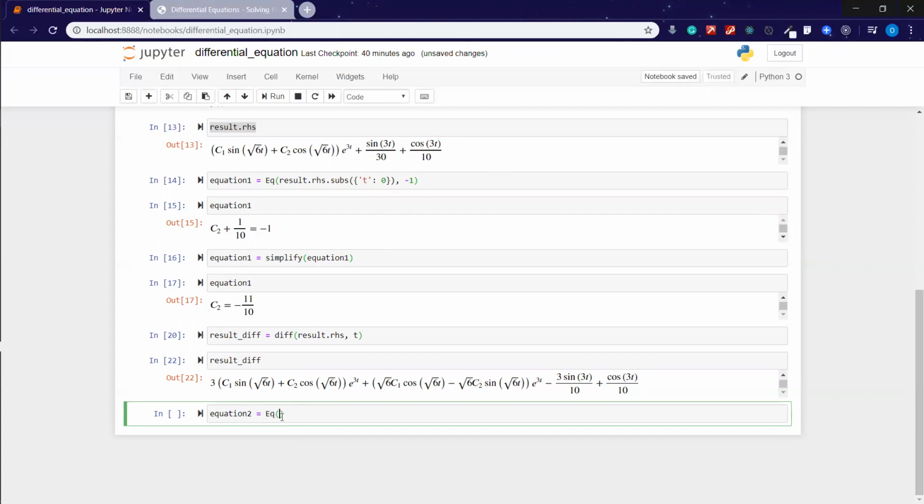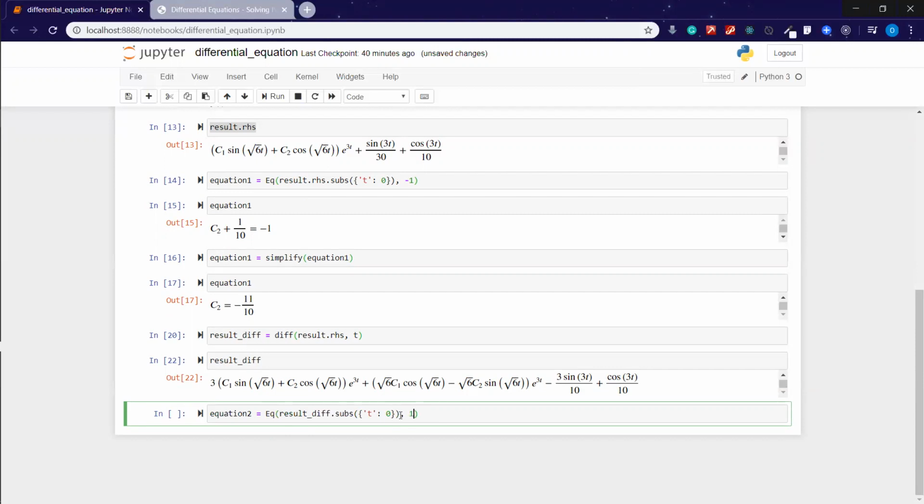So this is going to be results underscore diff subs, passing our dictionary, t: 0. That's for the left-hand side. Remember, we're using the EQ method.